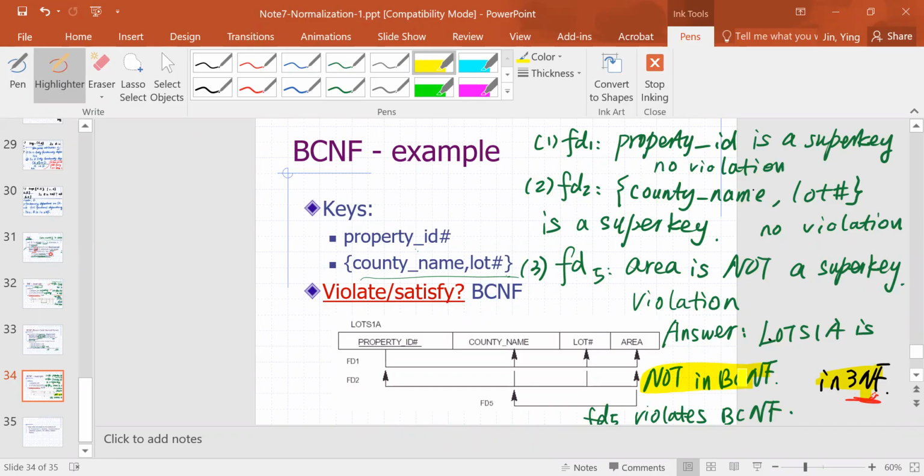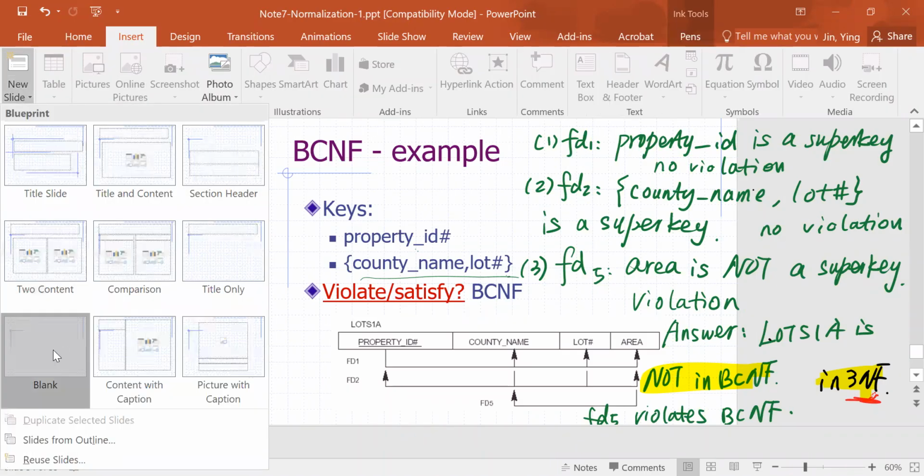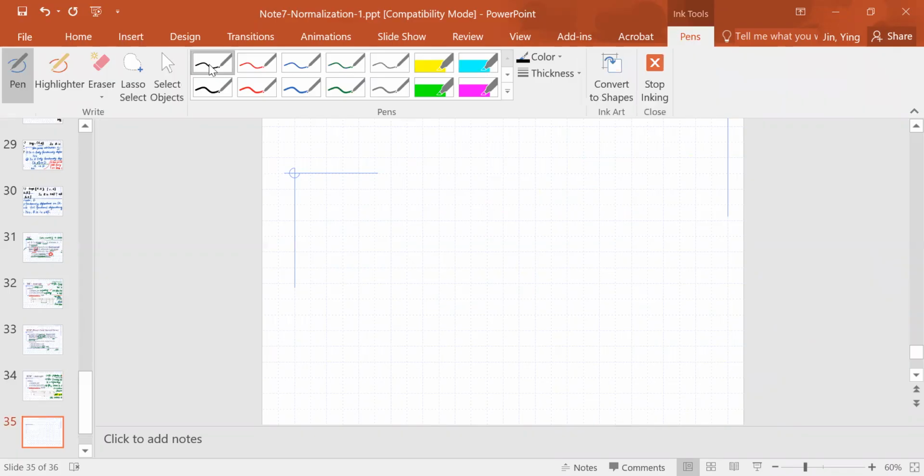Okay, so let's do another important exercise for BCNF to make sure you understand everything. I have R with attributes A, B, C, D, E, and two functional dependencies.